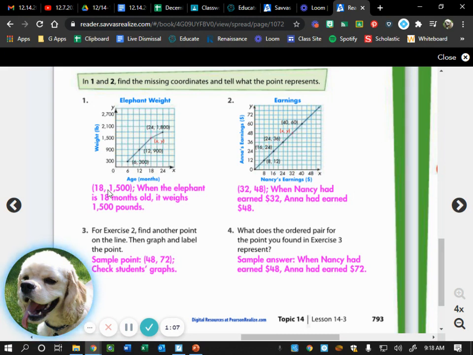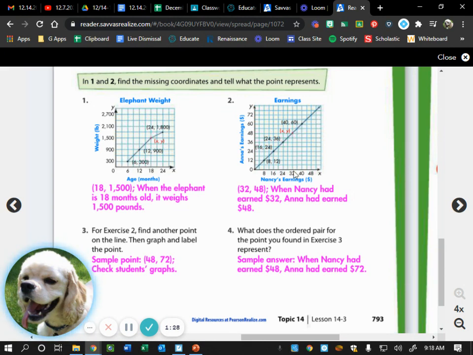Then we had number 3. Number 2 that we just did. Find another point on the line, then graph and label the same point. So my book chose 4872, which would be right here. How many of you chose 4872? Awesome. So that's a point on the line.